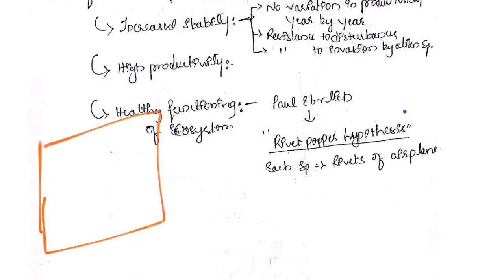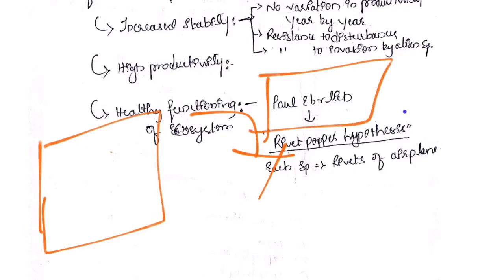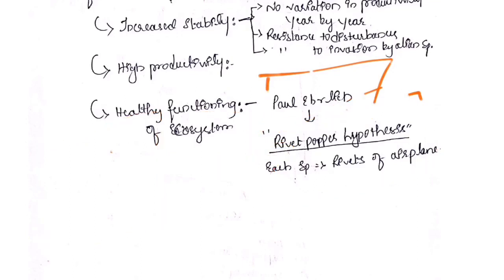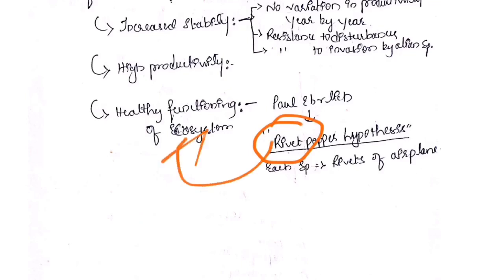To explain the healthy functioning of ecosystem, Paul Ehrlich gave a hypothesis known as the Rivet-Popper hypothesis. Here rivets are the screws or bolts which are used in the construction of a plane. He compared each bolt to an individual species of a habitat.